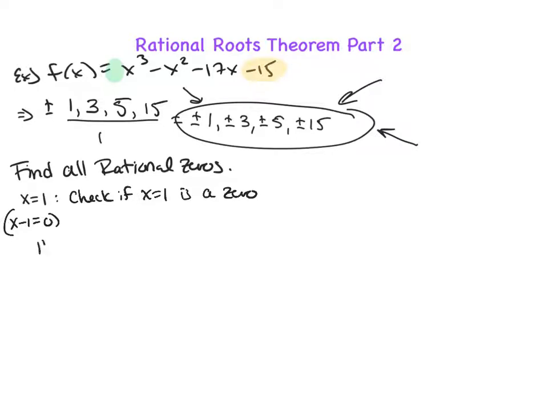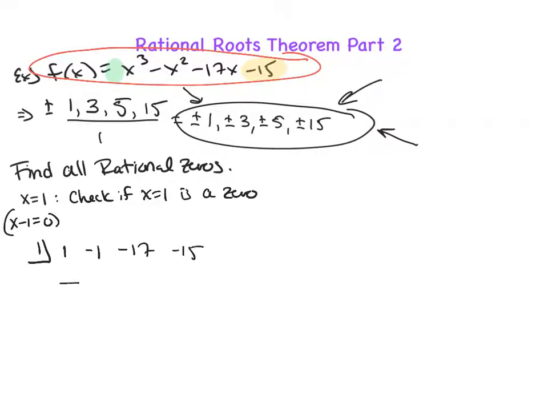So let's check this. I'm going to put 1 up in the synthetic division box. The numbers that I'm looking for the division come from f of x. So those coefficients are 1, -1, -17, -15. And I'm going to do synthetic division, and I'm going to hope that I get remainder 0. If I do get remainder 0, x equals 1 is a 0. If I do not get remainder 0, then x equals 1 is not a 0.